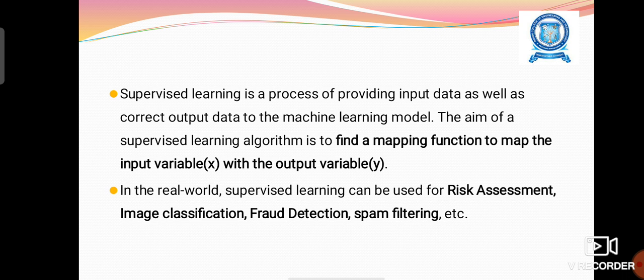A set of input and output variables will be there, with a mapping function, so for a new input it will find the output. In the real world, supervised learning can be used for risk assessment, image classification, fraud detection, spam filtering, etc.